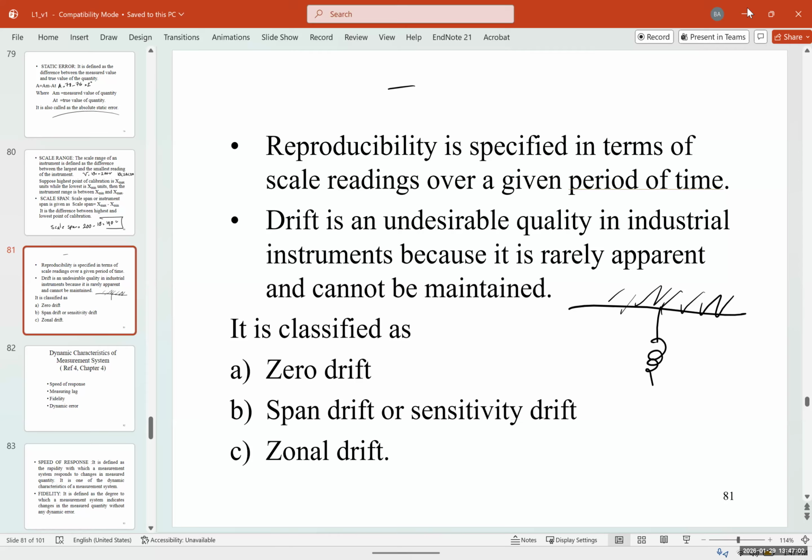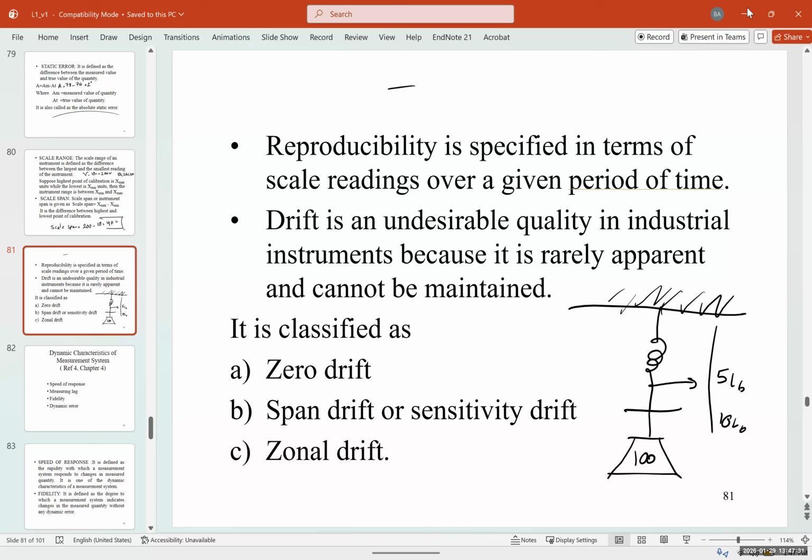Imagine we have a spring that we use in a scale to measure weight. And we would attach a weight to this. Let's say this is 100 pounds or so. What happens if I use the scale over and over again for a year?